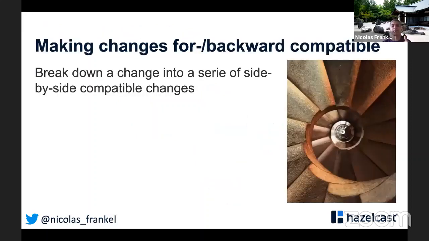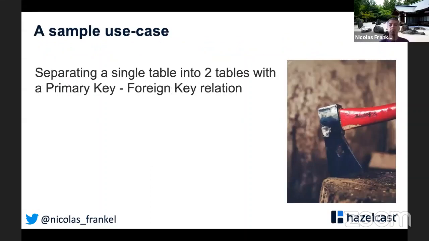We can make it work by breaking down this big change into a series of steps that are compatible side by side. That can be done. And to illustrate that, I will talk about a sample use case.